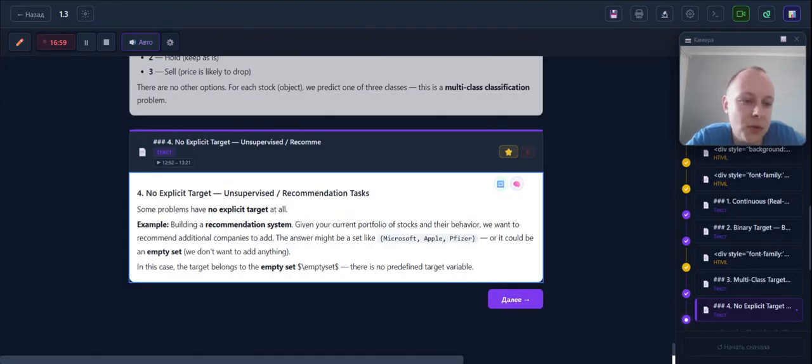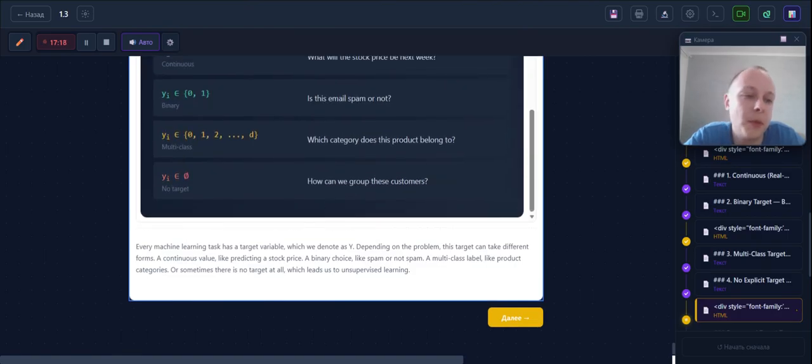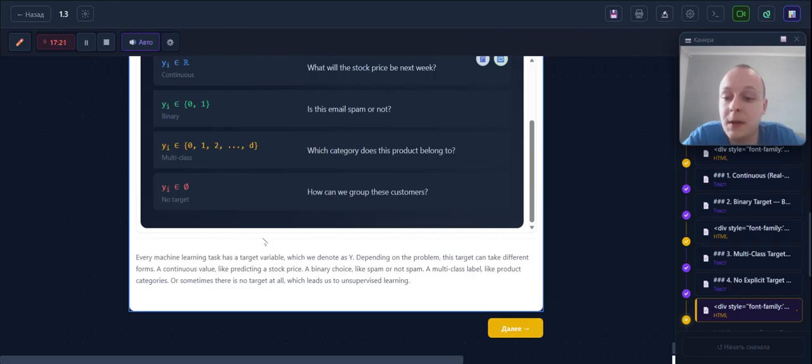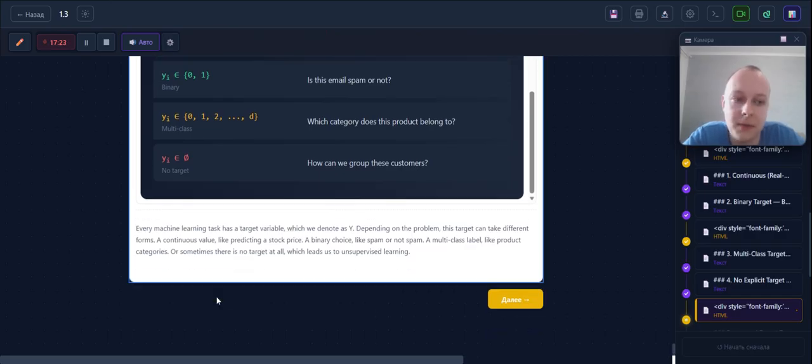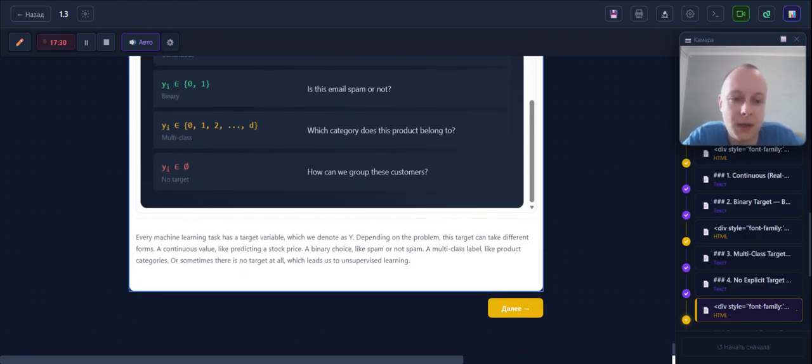In such a case, usually this row, this object, might be deleted from the data set, so we won't distort our data set with incomplete data. But mostly here we talk about the clustering or recommendation system case, the unsupervised learning case.